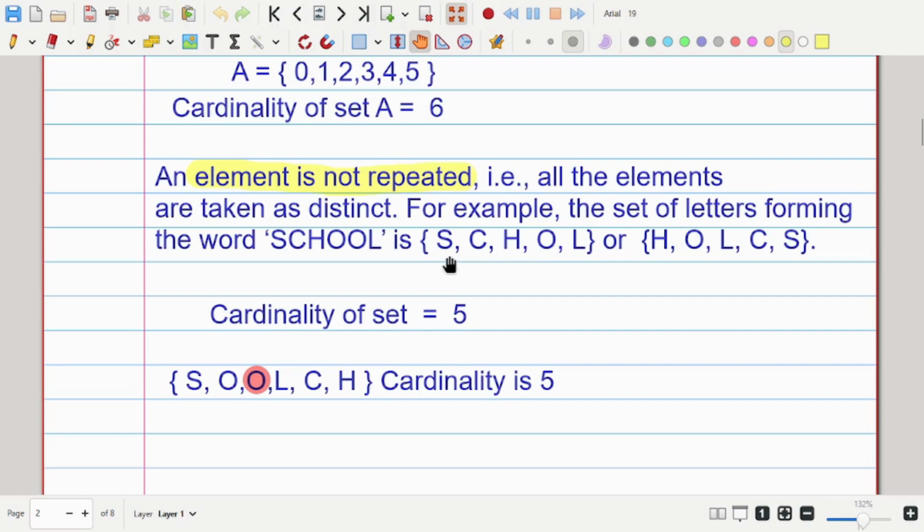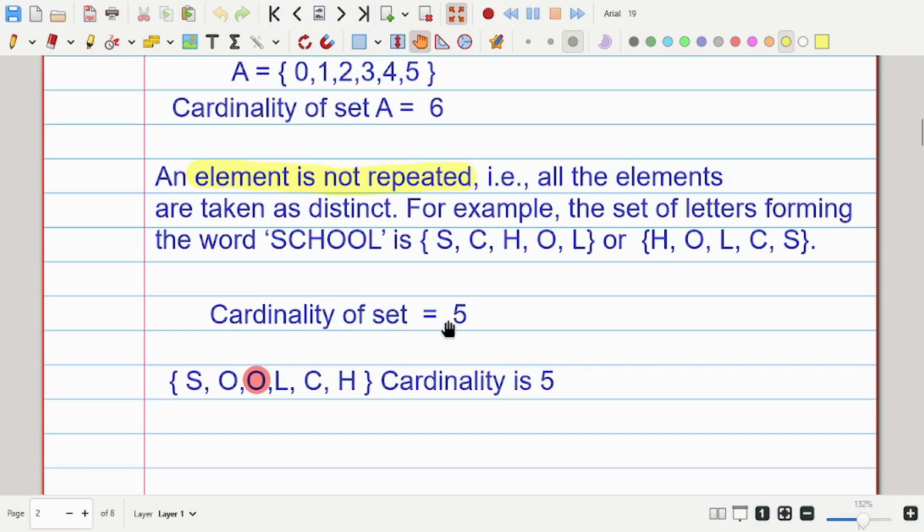Even though we change the sequence of these elements, the set remains the same. That is, even if we write H first, O, L, C, S, then also these two sets are equal.